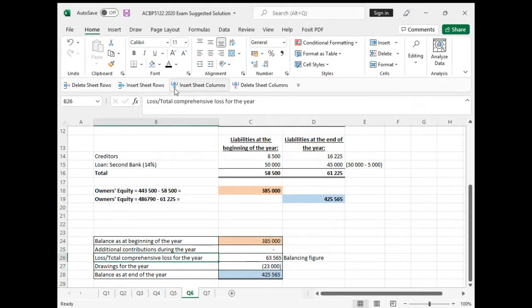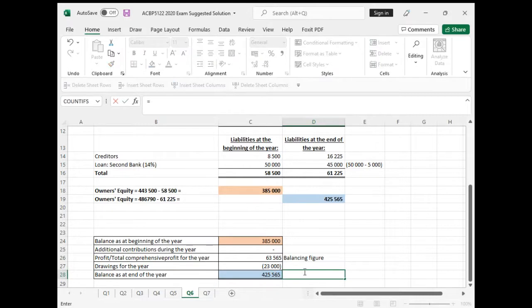So the profit for the year was 63,565 based on the information if you use this format.